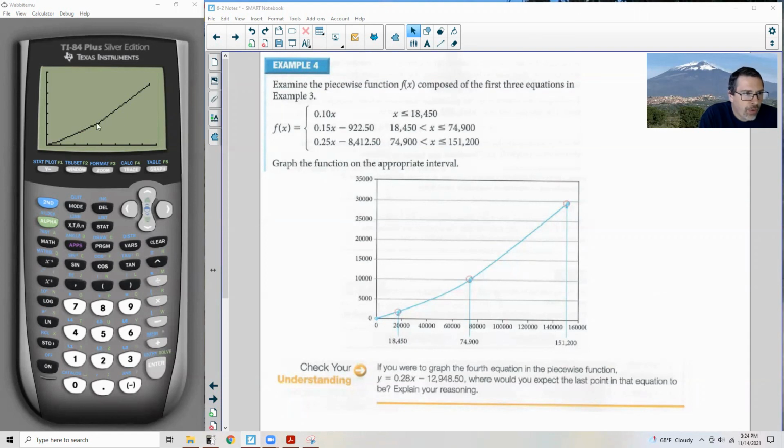So 74,900 is just before 80. Here's 100, here's 120, here's 140, and 151 is before 160. So that's why we chose these values. And this is 5,000, 10, 20, 30, 40, $50,000 in paying taxes. So as you can see, this is approximately $30,000 in taxes on $151,200 worth of income.